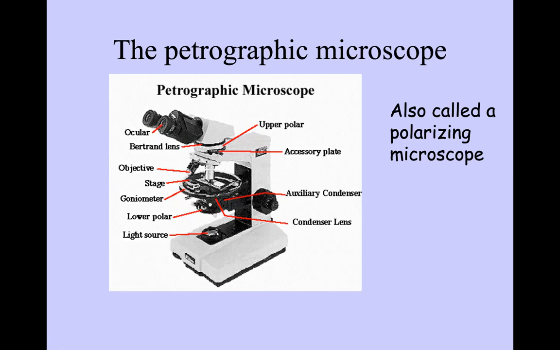Okay, so likewise you can change magnification, and when the light passes through this objective lens, it straightaway enters the upper plate, the upper polarizing unit, the second polarizing unit. Okay, and there are some other components as well.